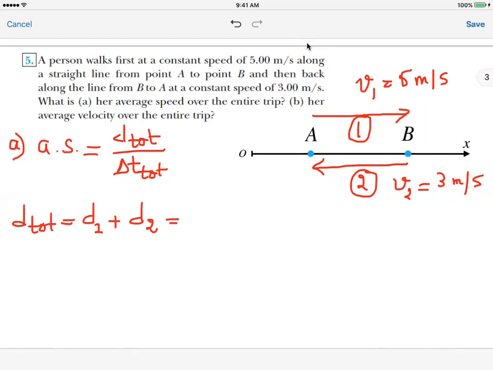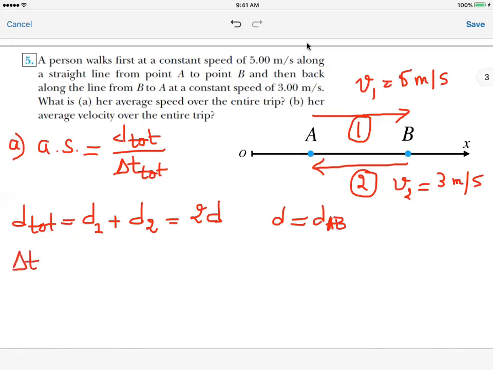Let's say each is simply d. And d1 plus d2 ends up as 2d, where d is the length of this AB segment. So it's the distance that the particle travels between A and B. So the d total now is clear.